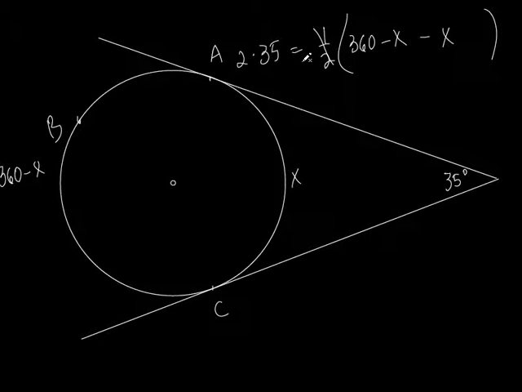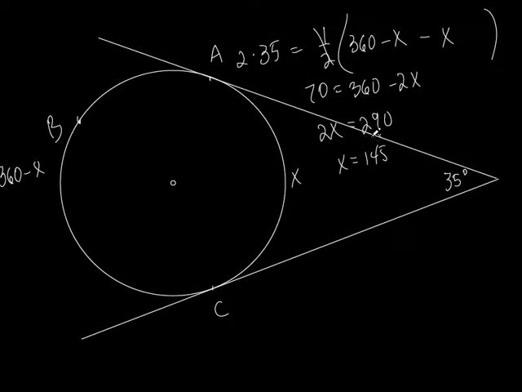Well, you have to see because 360 divided by 2 minus 35. So anyway, watch. You multiply by 2 to get rid of this, so that's 70 equals 360 minus 2x, right? Add a 2x to both sides, that's what I would do. Subtract a 70, and what's that, 290? And then divide by 2, and that's 145, and that's what the answer is.